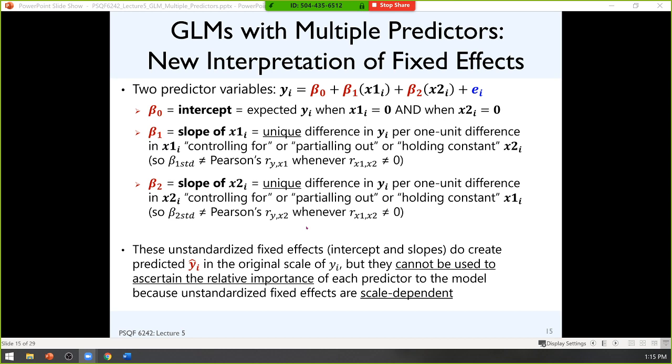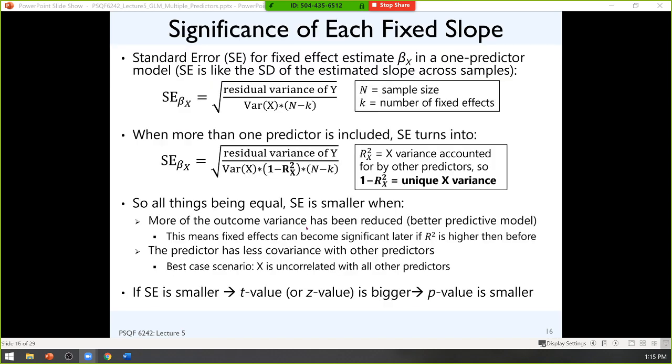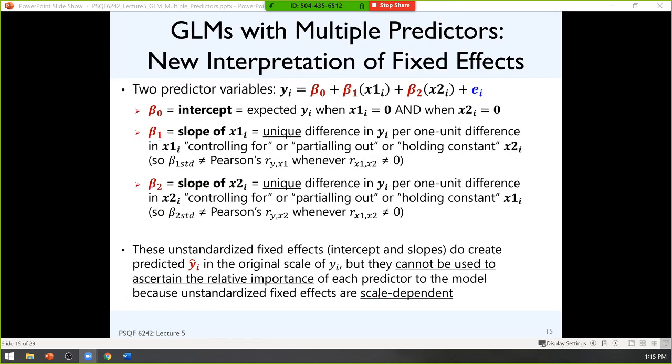I can't make those sorts of judgments without considering what the units are because the slopes are unit specific. If what I want to be able to do, though, is to talk about the relative importance of a predictor, like socioeconomic status matters far more than nicotine or something like that, or vice versa, I have to put them onto the same scale. So to be able to compare the relative effects of predictors, we would need to have a standardized solution.